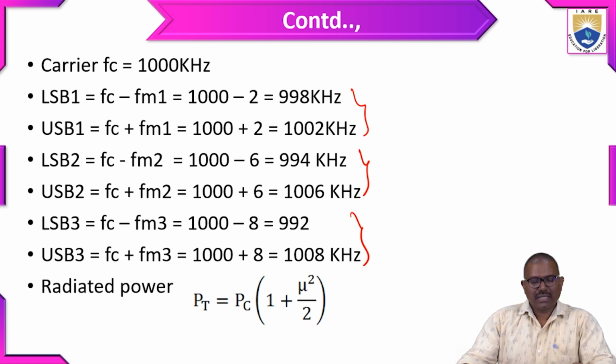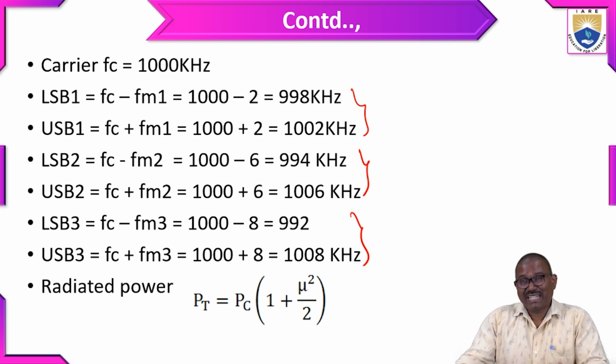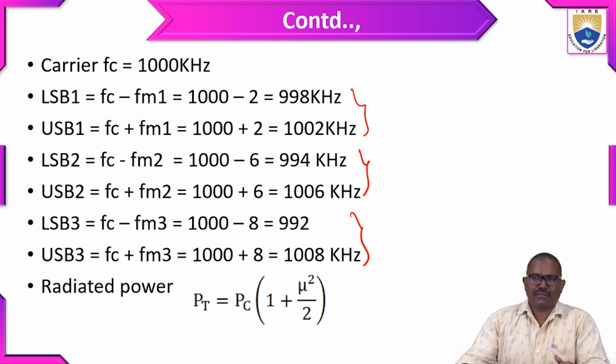Like that, LSB2, LSB for the second message signal, is FC minus fm2, which is 1000 minus 6, 994 kilohertz. And USB2, upper sideband 2, is FC plus fm2, so 1000 plus 6, 1006 kilohertz.